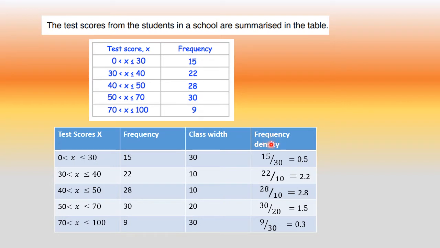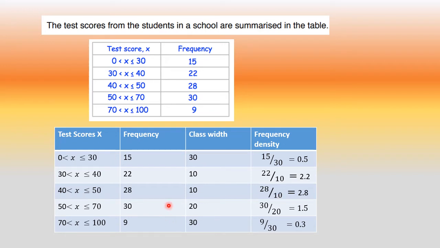How do you calculate the frequency density? It is frequency divided by the class width. So the frequency 15 divided by 30, the frequency density is 0.5. The frequency 22 divided by 10, the frequency density is 2.2. Frequency 28 divided by 10, the class width, then the frequency density is 2.8.